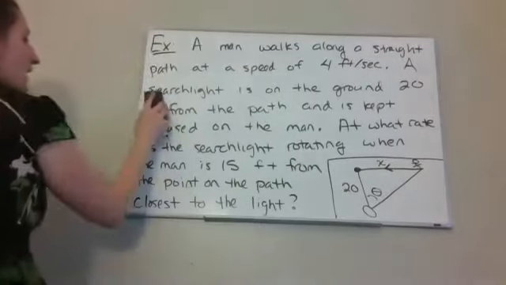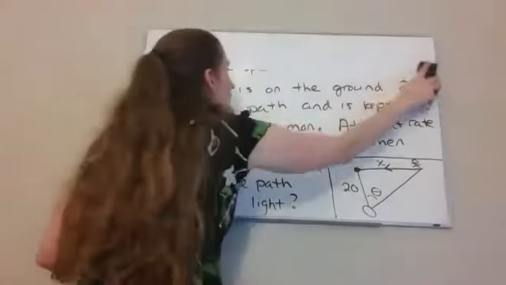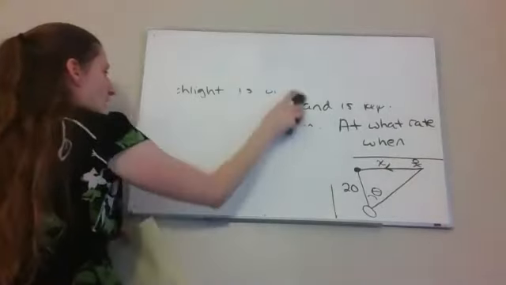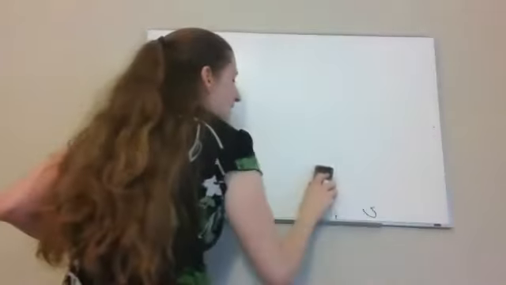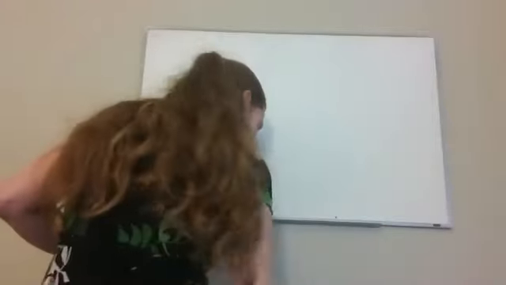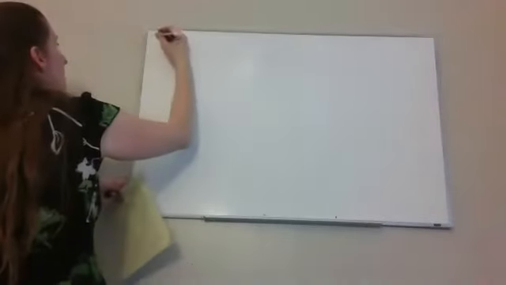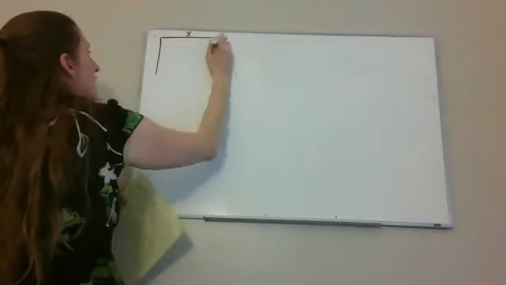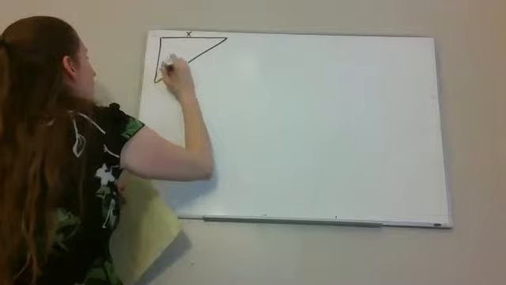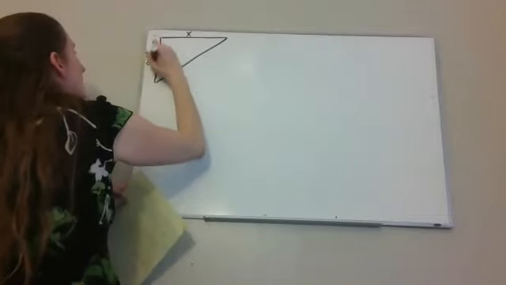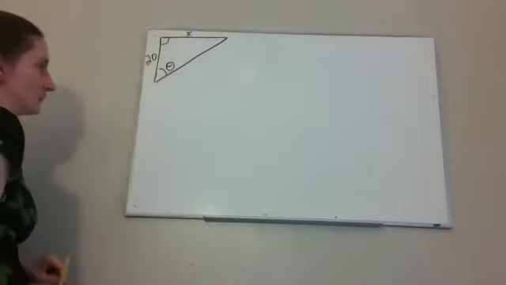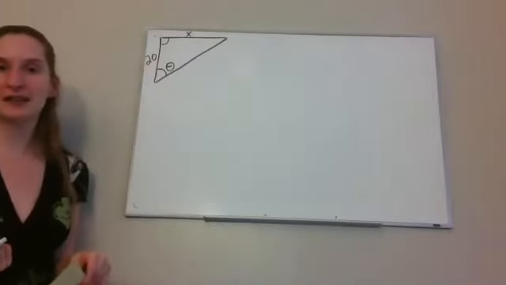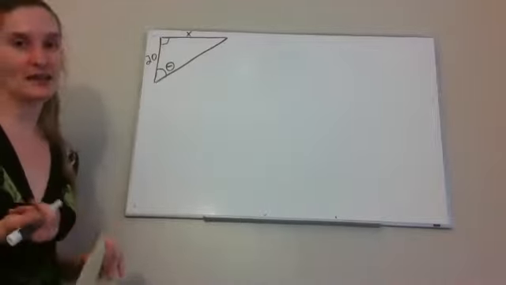So let's go ahead and redraw the picture and try to find an equation that will work so that we can find our dθ/dt. So here's my picture again. X, we have theta, and this was 20. First, let's try to figure out an equation relating theta and x.